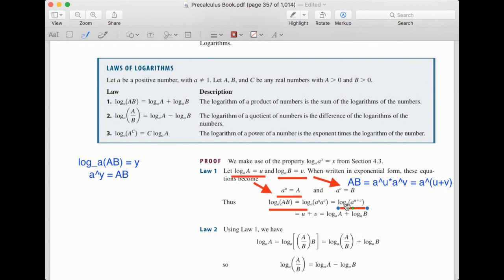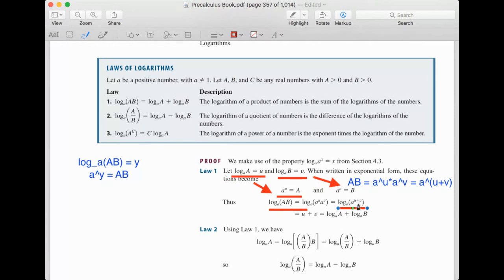A property is saying if the base in the log, the value can be written as the same base raised to an exponent, that's equal to the exponent. Because if we write this as y, we have a raised to y equals a raised to u plus v.